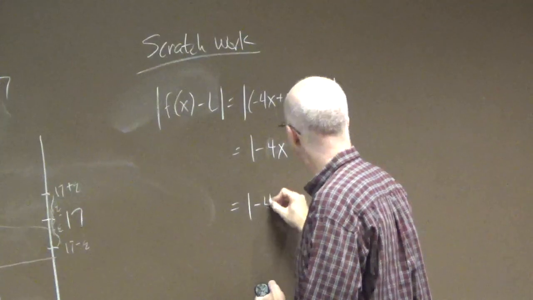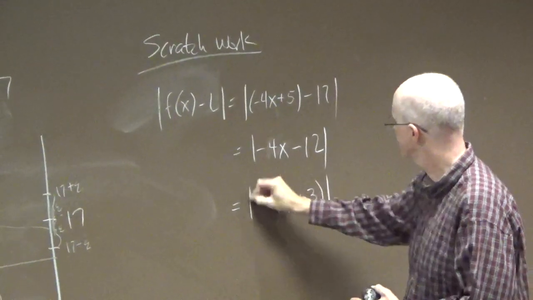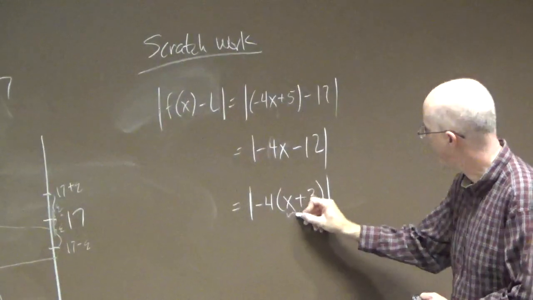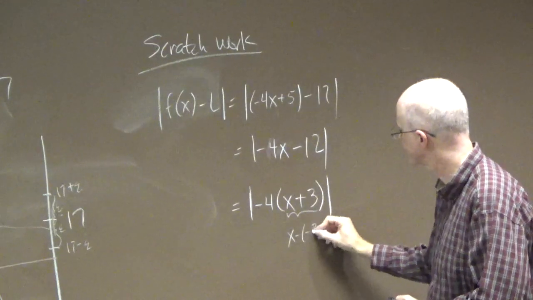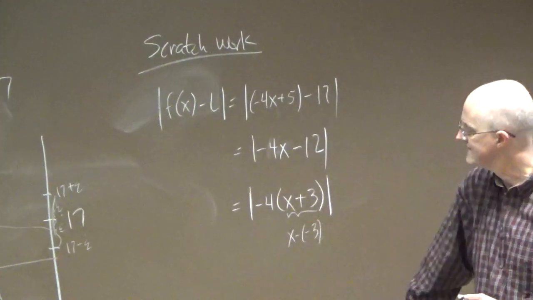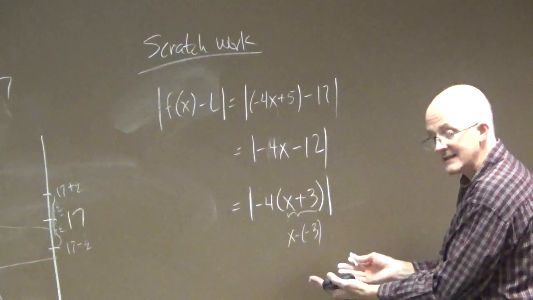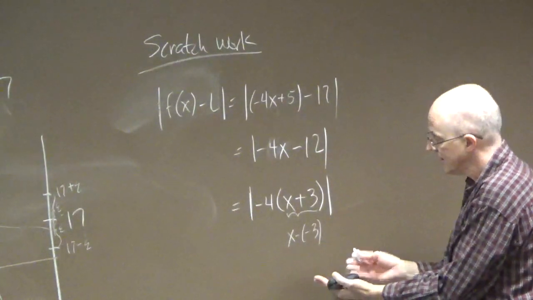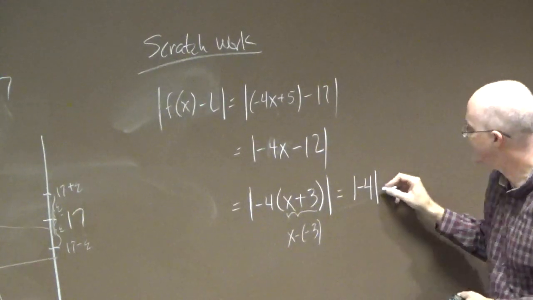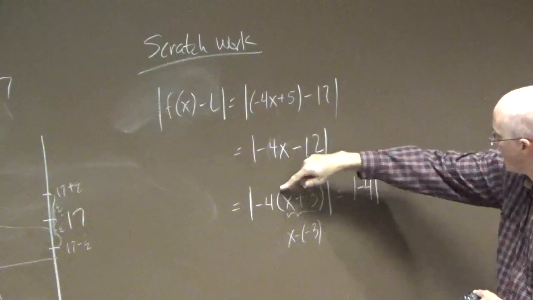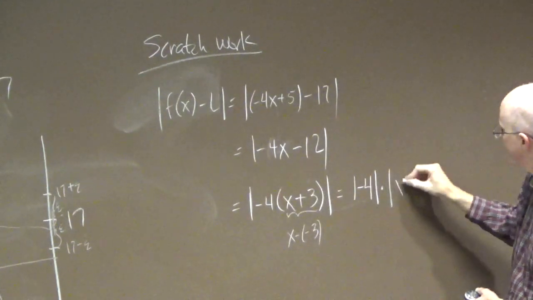If I factor out a negative 4 like this, I have an expression there, x plus 3, that equals x minus negative 3. And the absolute value of that would be the distance between x and negative 3. It's a property of absolute values that I can now take the absolute value of a product, like this times this, and take the product of the corresponding absolute values.